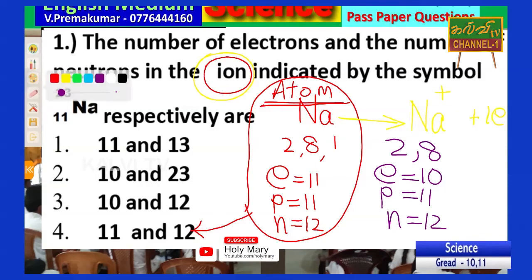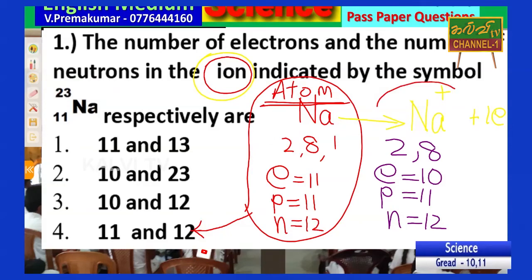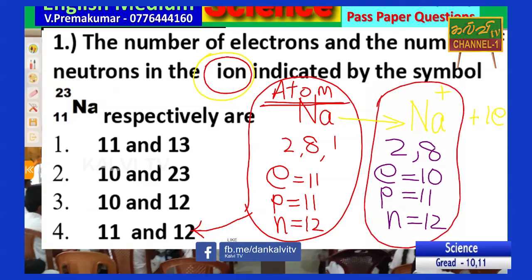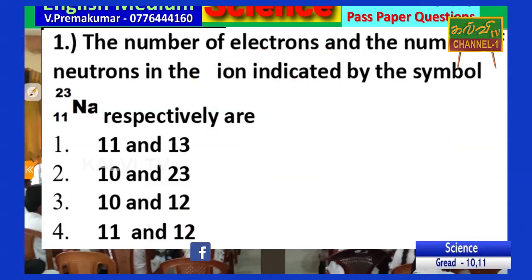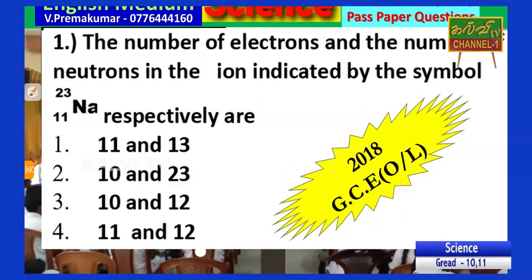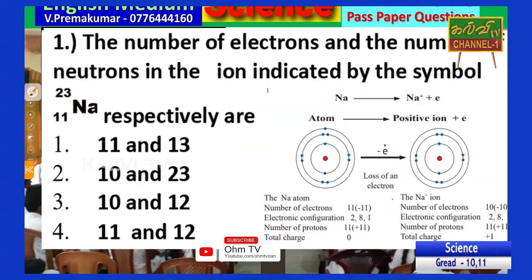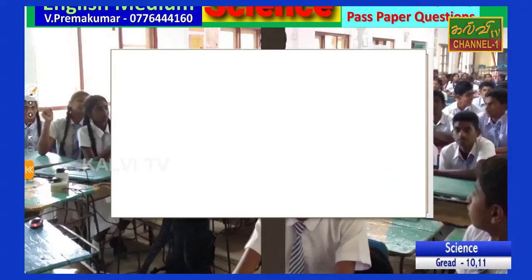Our question is on this, because they are asking about ions, that is the reason we selected the answer 10 and 12. Right? Okay, that is explained like this. We already discussed this.